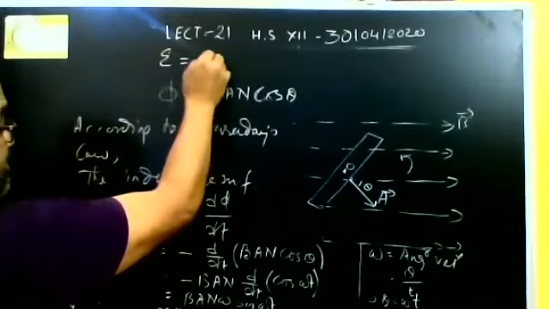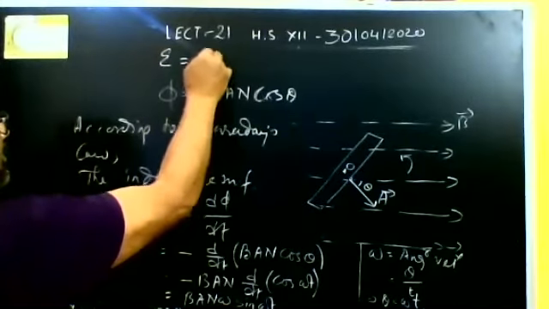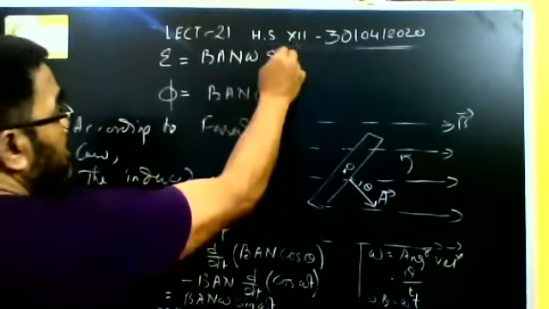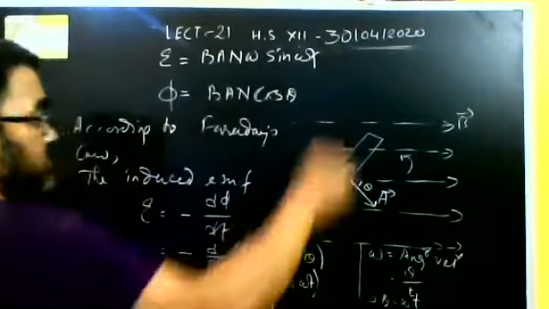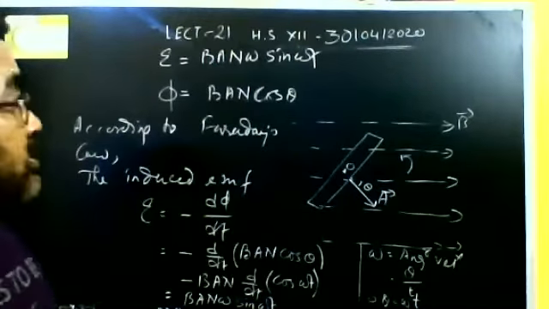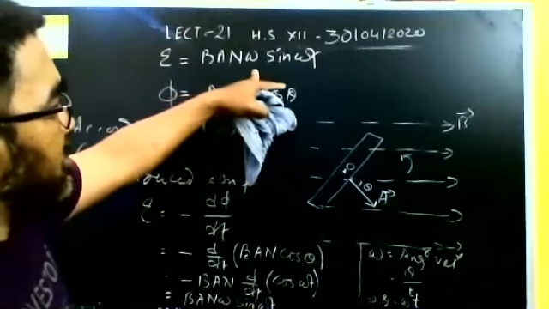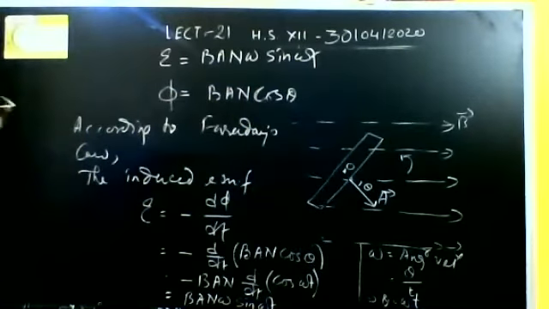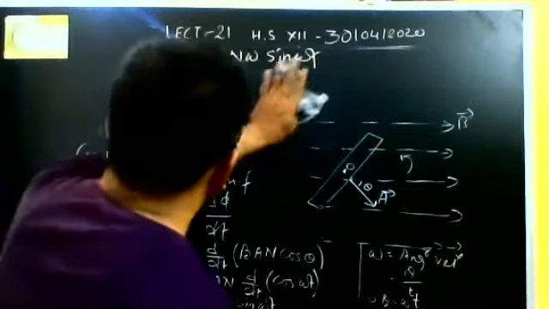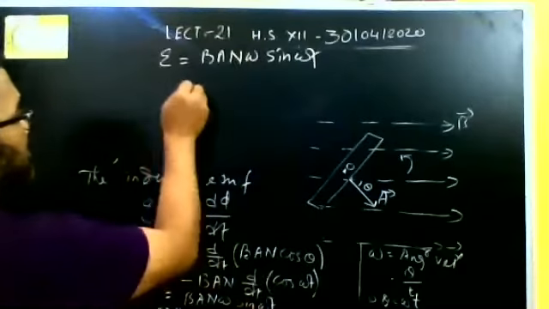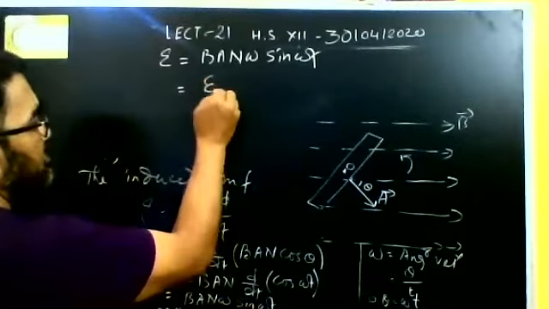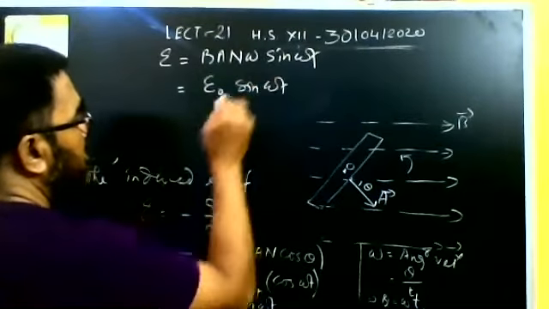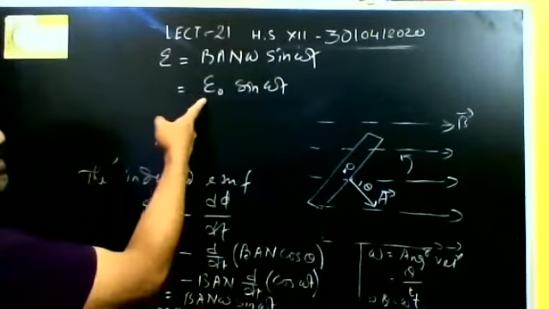The EMF is given by B A N omega sin omega t, right? So B A N omega sin omega t. Okay, and we can write it as epsilon naught sin omega t, or sometimes we will write it E naught.